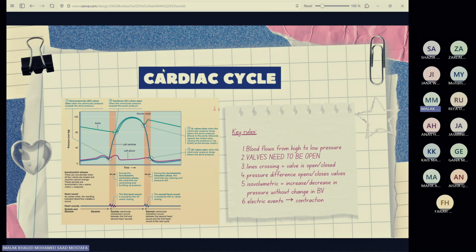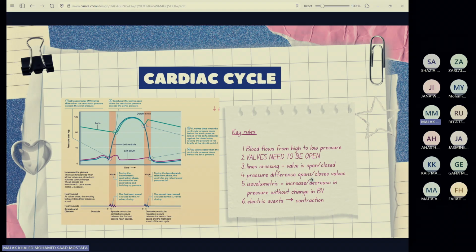You need to open the door. So valves need to be open. Common sense, right? The third one is that when you see lines crossing on your graph, it means either a valve was open or a valve was closed. Okay? And then if you have a pressure difference, ultimately you will have the valves opening or closing. So putting point number 1, 2, and 3 together, if you have a pressure difference, you can open or close valves.